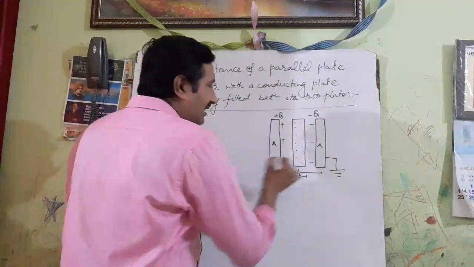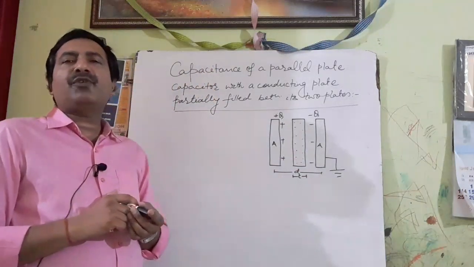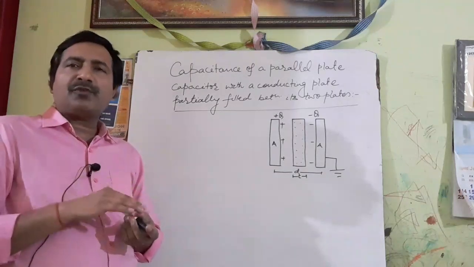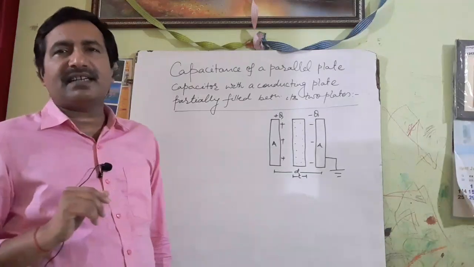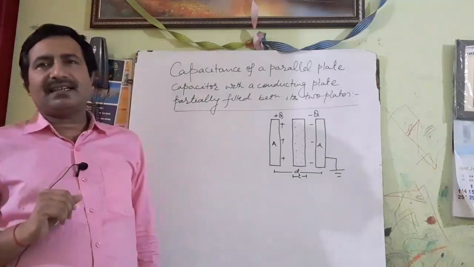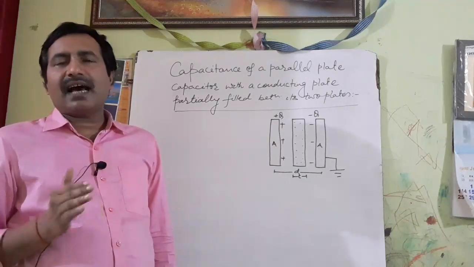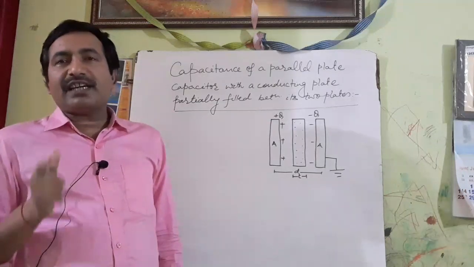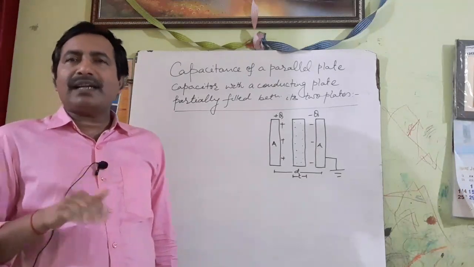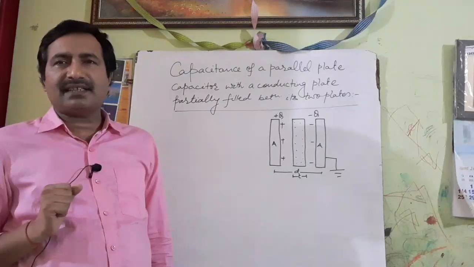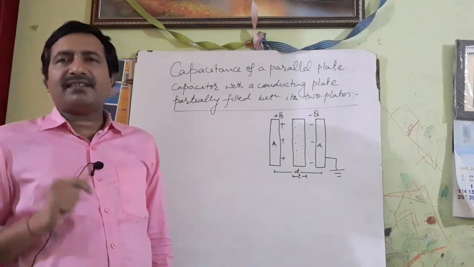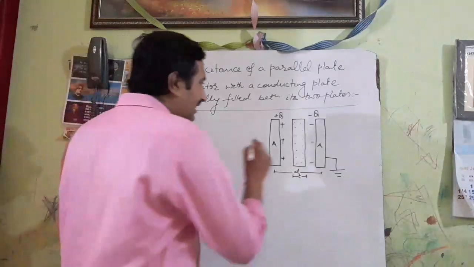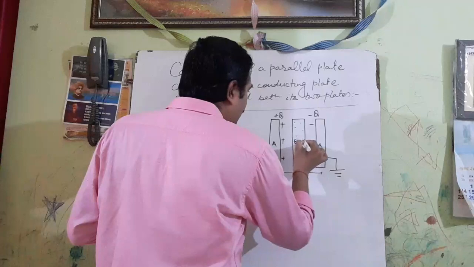Whenever a conductor is placed in a uniform electric field, it gets polarized, as a result of which an induced electric field is set up inside the conductor in the direction opposite to the external electric field. That induced electric field is equal in magnitude to the external electric field, and this makes the net electric field inside the conductor 0. So the electric field inside this conductor is 0.